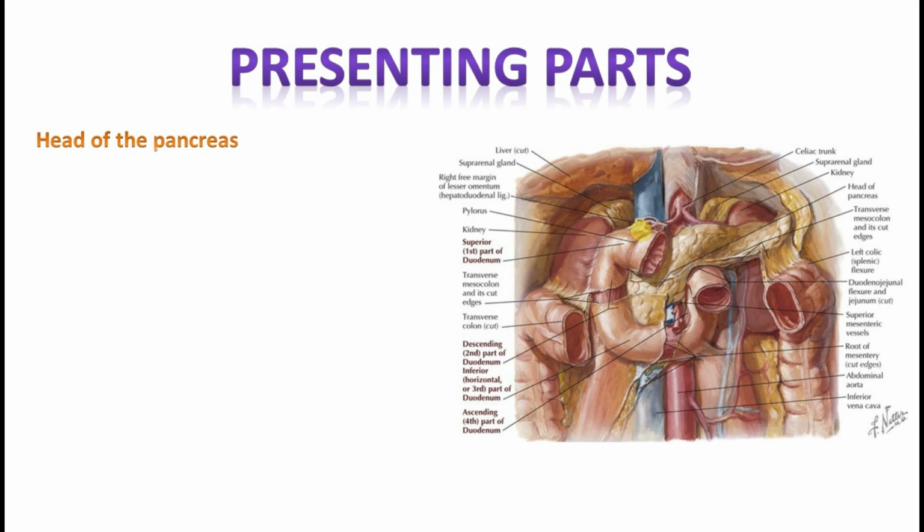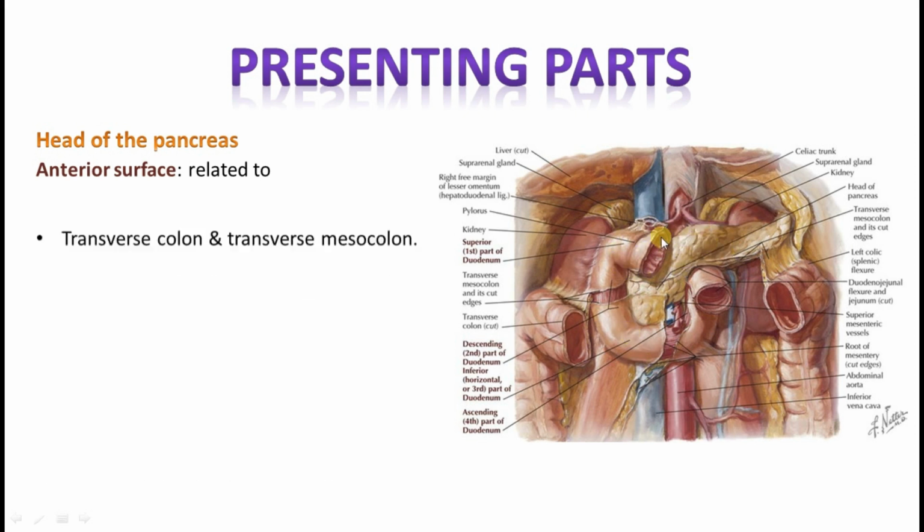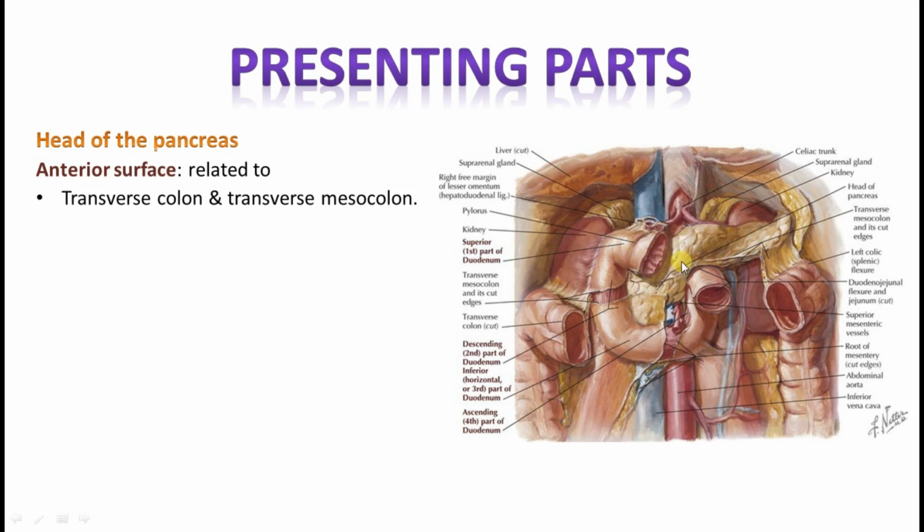Coming to the other relations, we have seen the borders. The anterior surface is related to, here you can see, the attachment of the transverse mesocolon. The upper border goes above, the lower border goes below, with splitting of the two layers of the transverse mesocolon. So the upper part of the anterior surface is related to the transverse colon and transverse mesocolon.